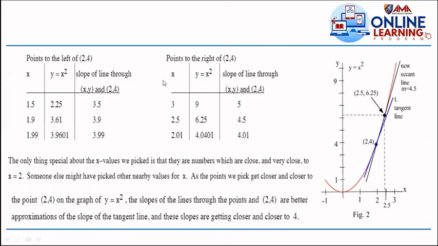So, dito, we're going to get points from the left and points from the right. From your points to the left, mula dito sa (2, 4), bababa po tayo. Yung to the right, mula sa (2, 4), akyat po tayo. Okay? So, pagpalagay natin, tapos na tayo sa 2.5, kukuha ulit tayo ngayon at 1.5.